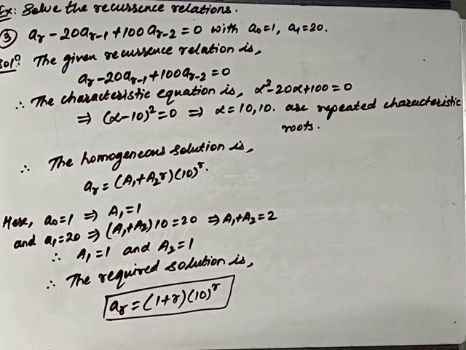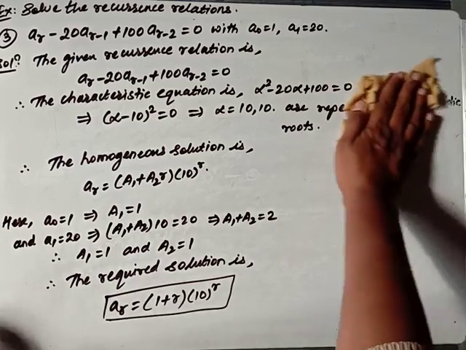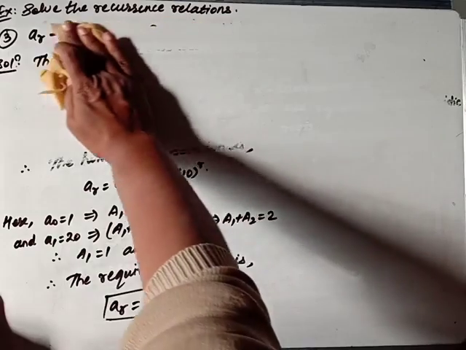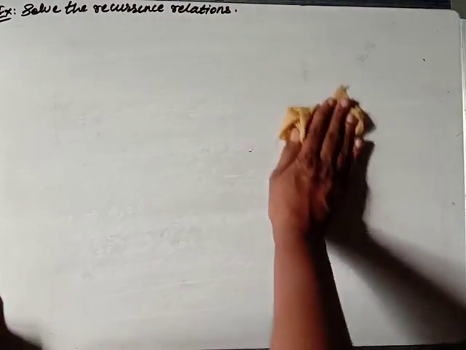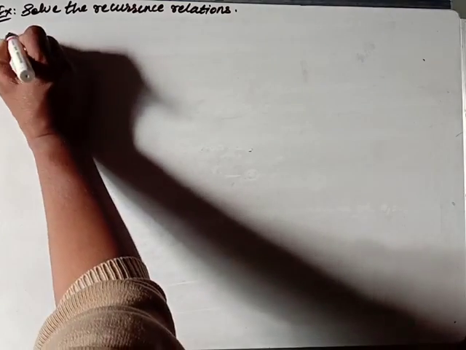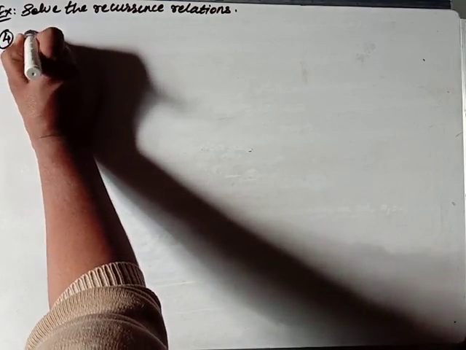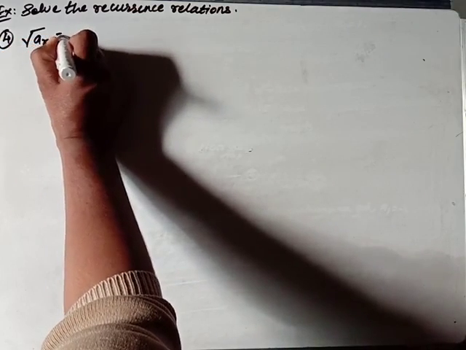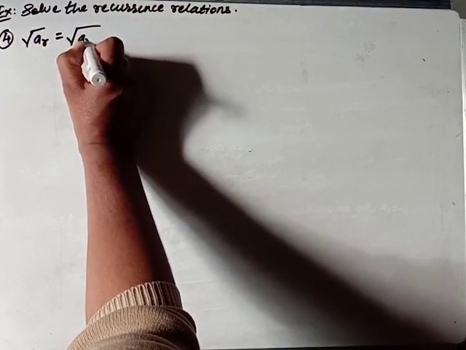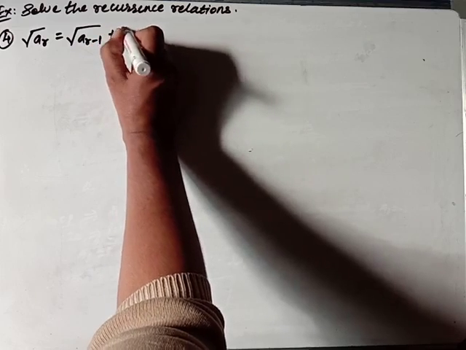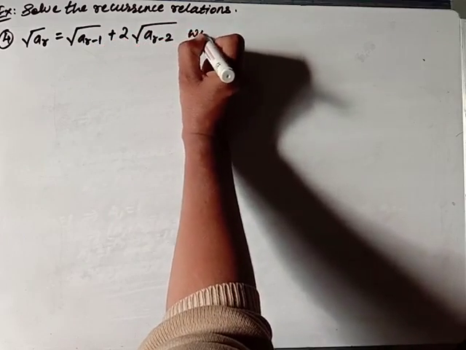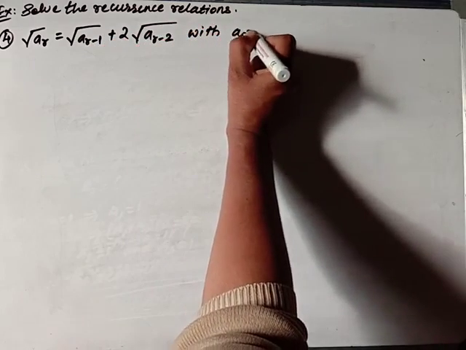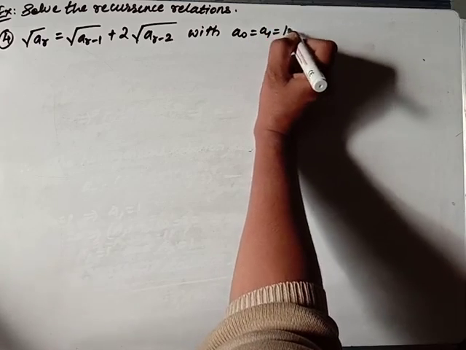Fine. Now, let's take the next one. The next equation is root of a_r equals root of a_{r-1} plus 2 root of a_{r-2}, with a_0 equal to a_1 equal to 1.